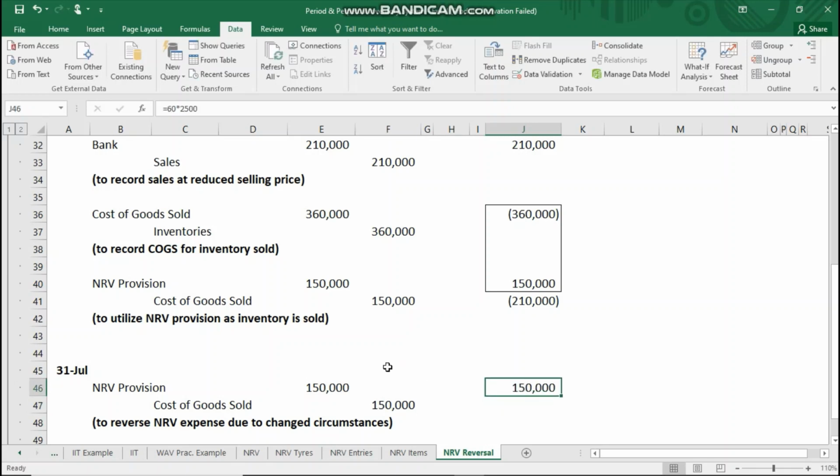So this 150,000 I debited my NRV provision and I credited my cost of goods sold. Okay, so the key point here is that I can reverse the NRV up to that extent to which I created the expense. Okay, I cannot exceed this amount because that will be wrong.